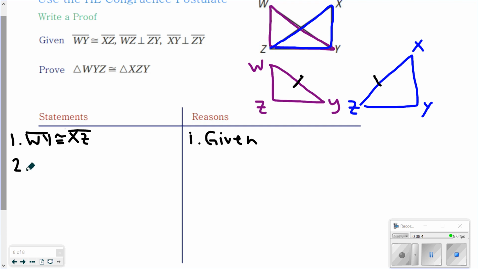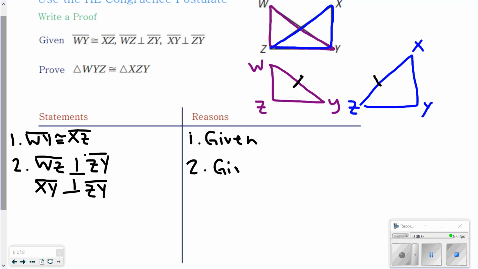Number 2, I'm also told that WZ is perpendicular to ZY, and XY is perpendicular to ZY. This was also given. So that means that these two angles here are perpendicular, 90 degrees.